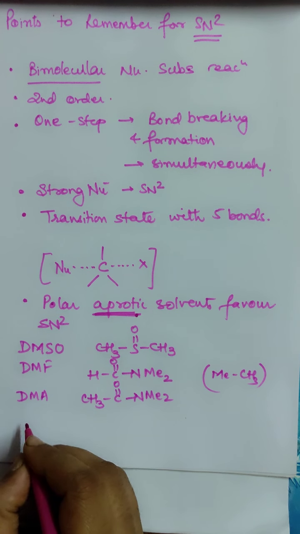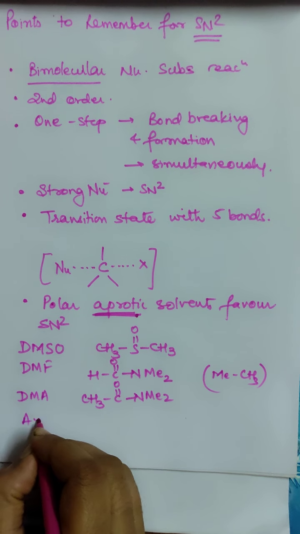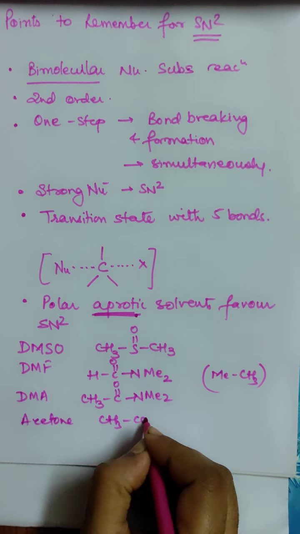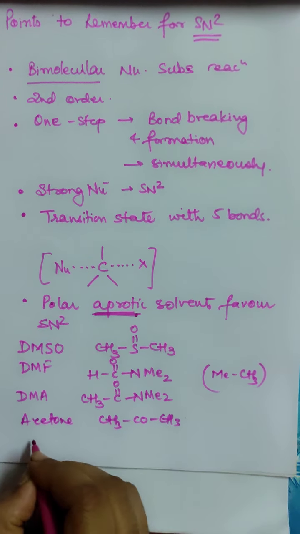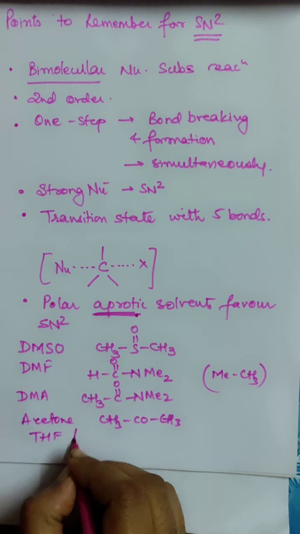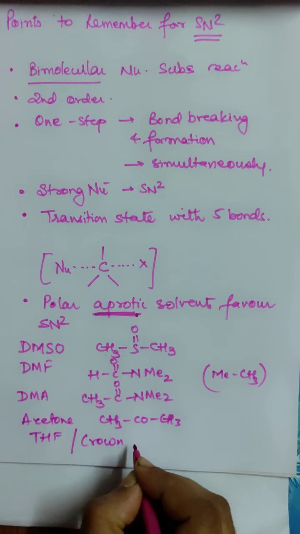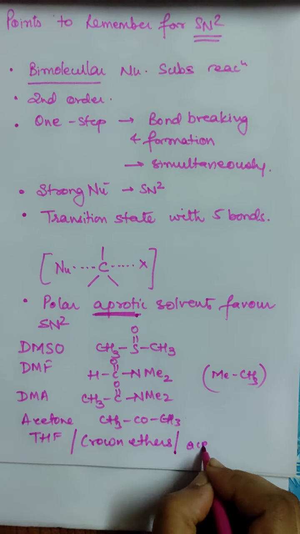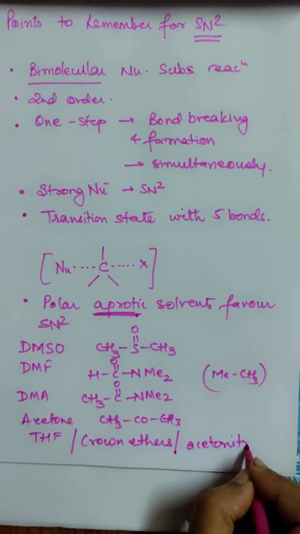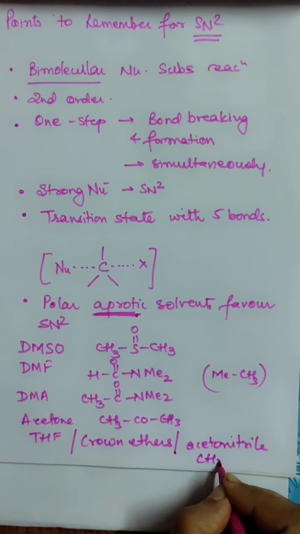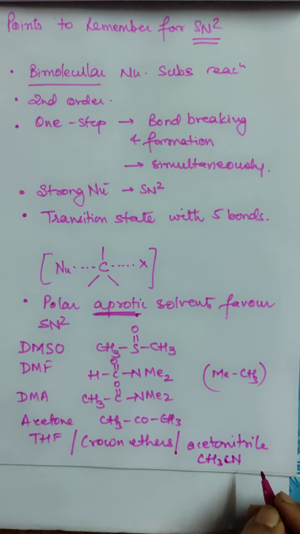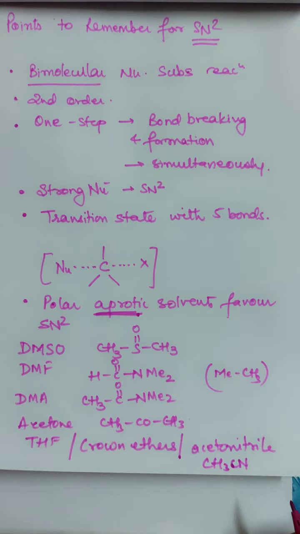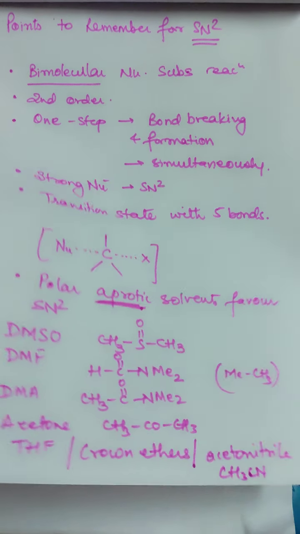Then the other compounds are acetone, that is CH3COCH3, THF, crown ethers, acetonitrile, that is CH3CN. So these are polar aprotic solvents. They do not release hydrogen and hence they favor SN2 mechanism.